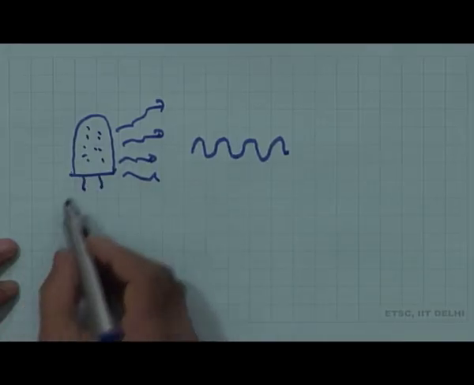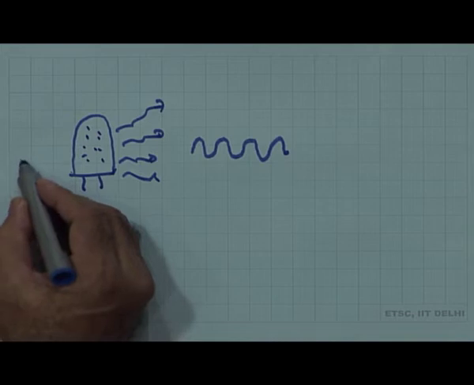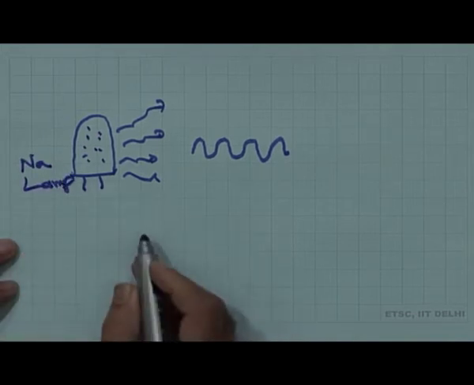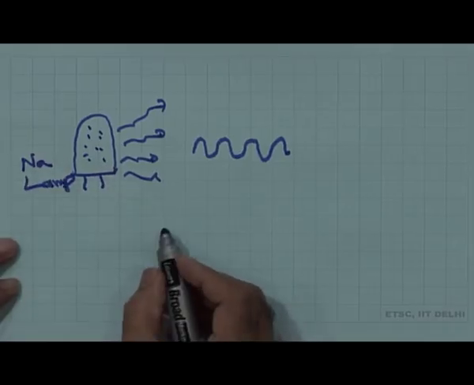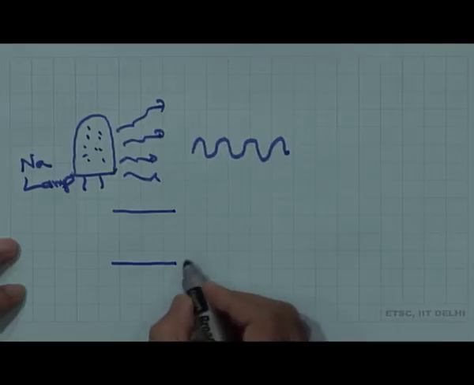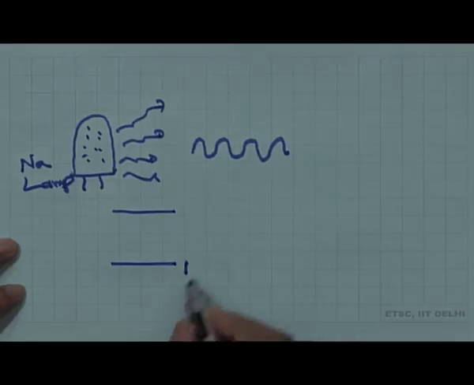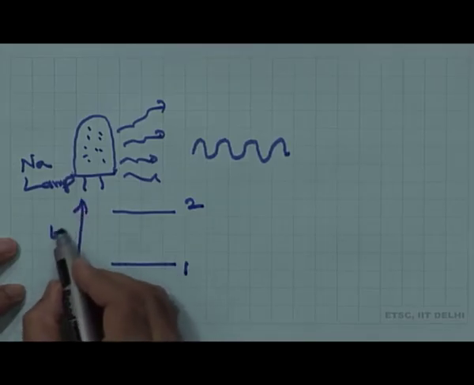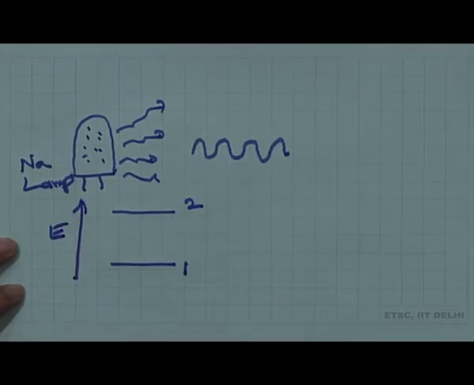For example, if we take a sodium lamp, Na lamp, there are sodium atoms which are excited. If I consider the ground state of sodium here, 1 is the ground state and 2 is the excited state, and this is the energy axis.